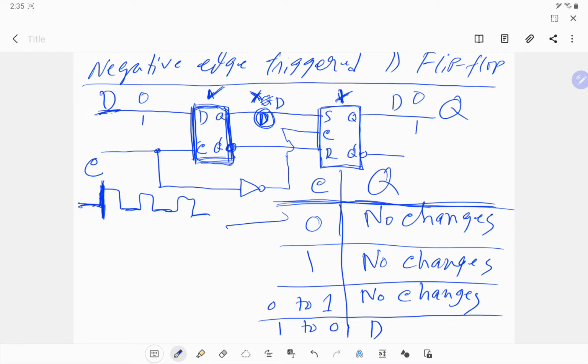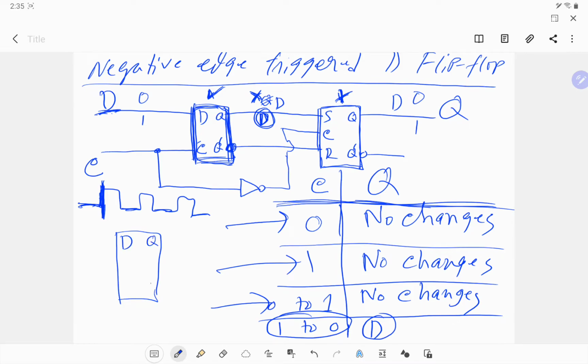So in every other case the device is not triggered, but when the clock pulse or the control input goes from 1 to 0, then the input goes to the output. The symbol for this flip-flop is that, a D type flip-flop.